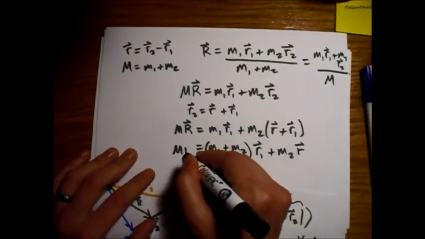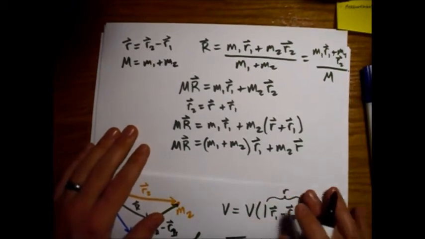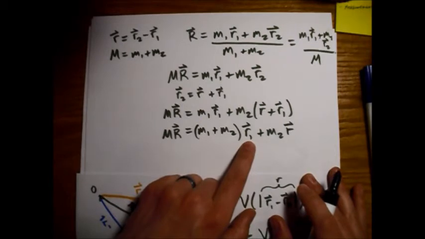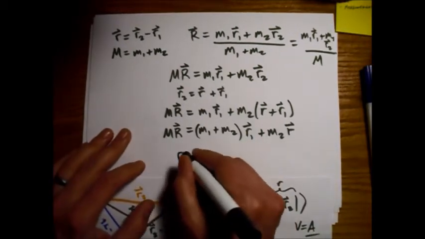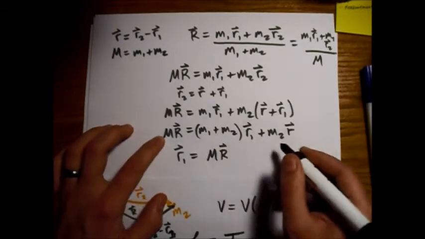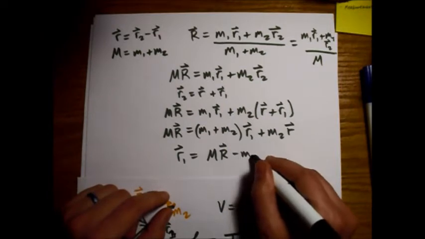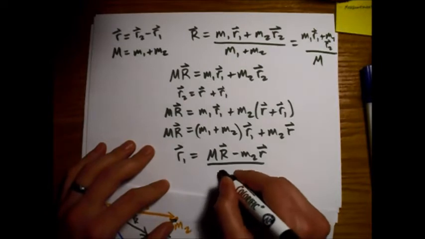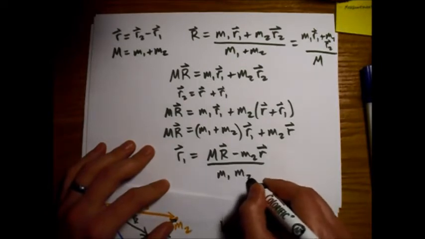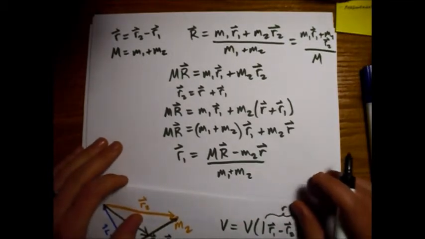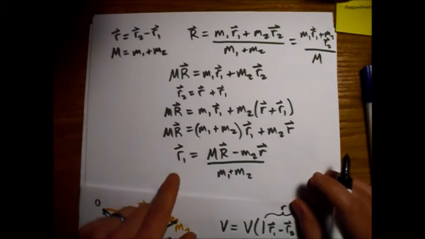And this is still equal to big M, big R. All right, so now we solve this for R1. So this big M, big R here, we're going to minus M2 and this R, then we divide by this part right here, M1 and M2 added together. All right, so now we have an equation for R1.